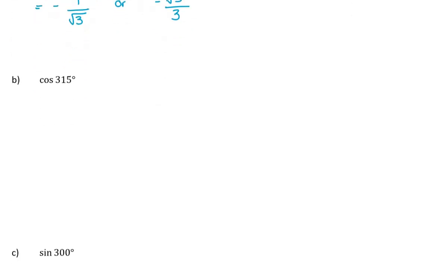Right, let's start the same concept again. Can you rewrite 315 as 360 minus an angle? Hopefully a special angle, because then I know how to work it out. And I can, because 315 is the same as 360 minus 45 degrees.